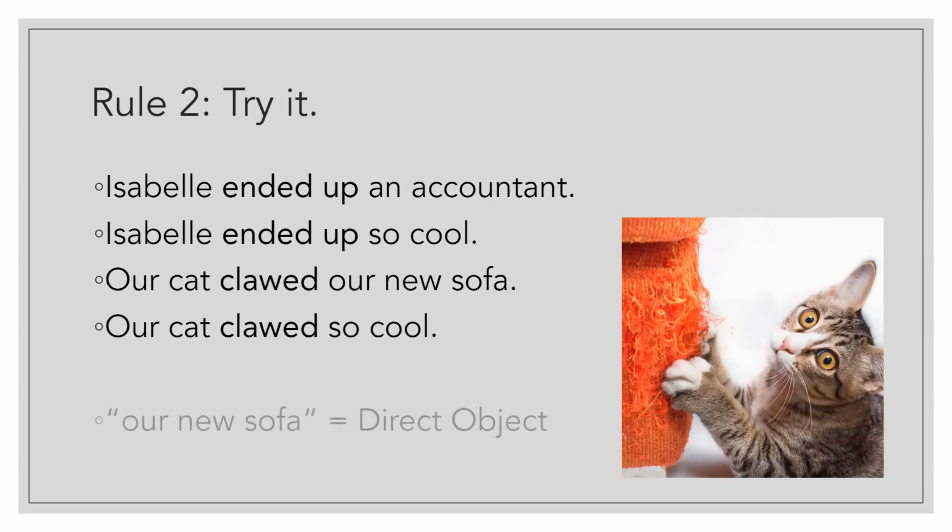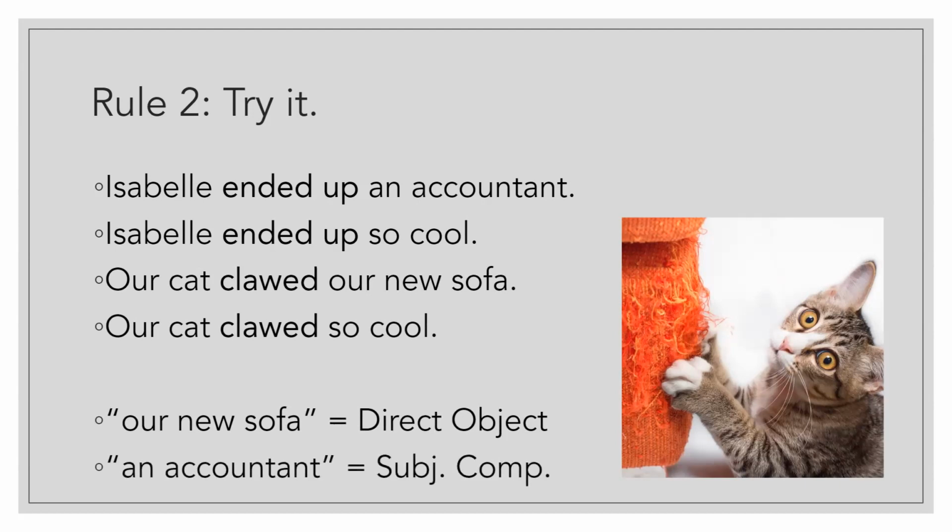Which one is logical? Okay, the one that's not logical is going to be the direct object. The one that's logical, Isabel ended up so cool. Okay, cool. That makes sense. That's our subject complement. Cool? I hope so.